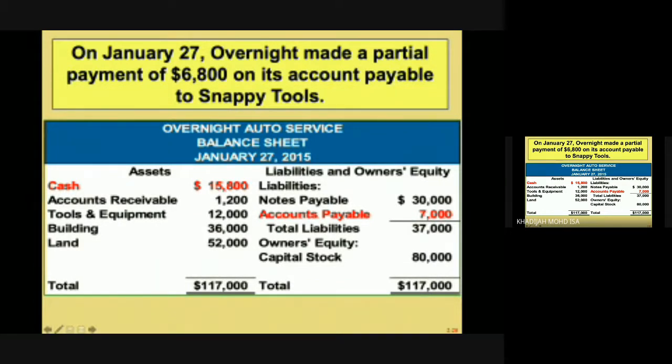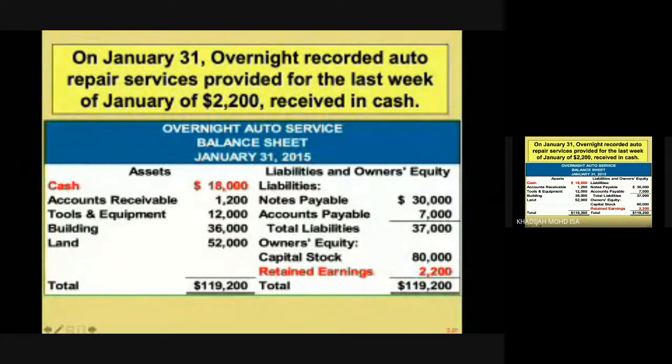Why accounts payable reduced? Because initially you owe them a certain amount, but now you pay them, so the amount that is due to your accounts payable is lower, it reduces, right? So I will show you later how it is going to be when you have a lot of transactions.